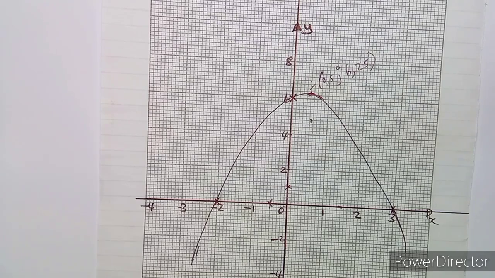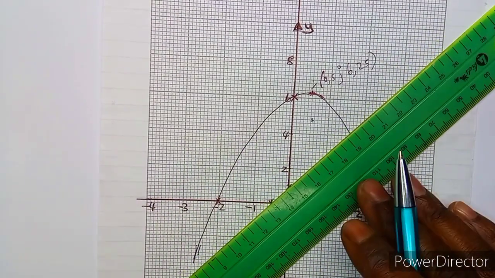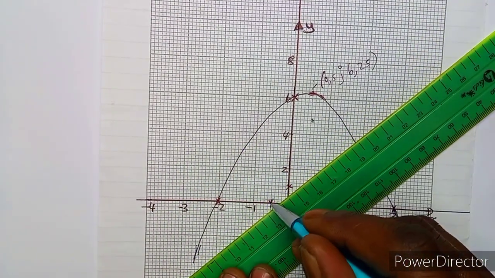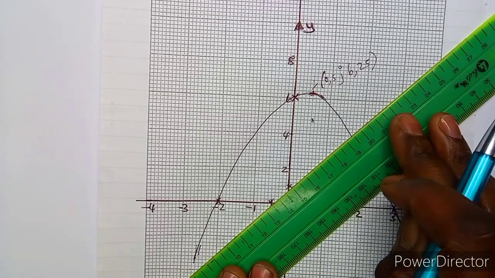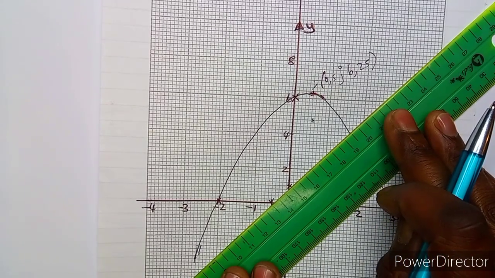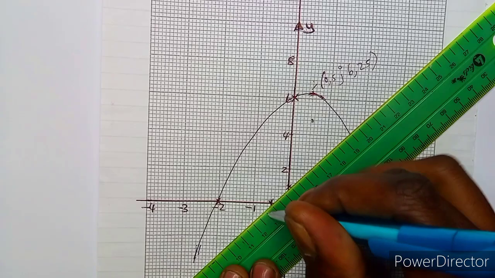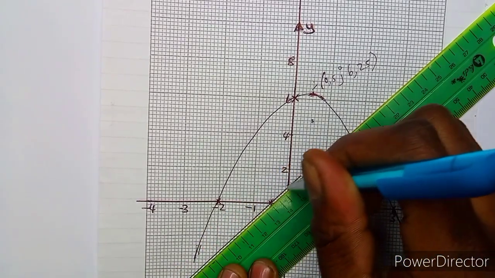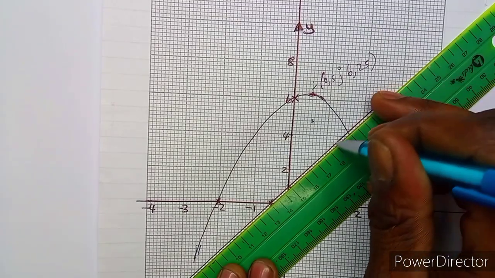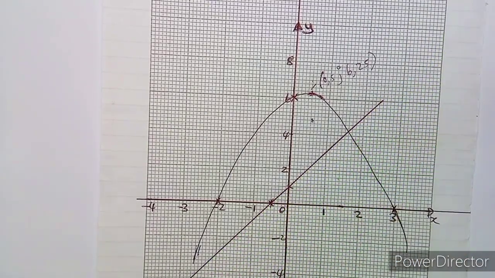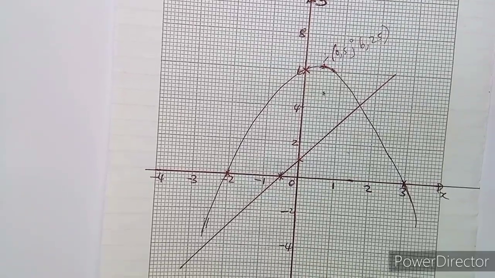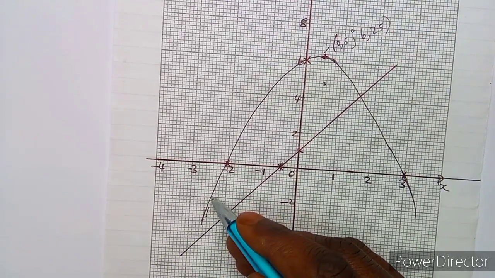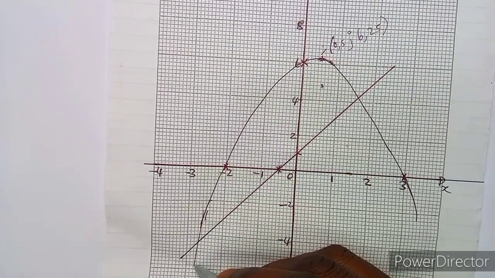These 2 points are enough for us to draw a straight line. You join these 2 points with your ruler, and it gives you a straight line like that. And this straight line is supposed to join also here, something like this.